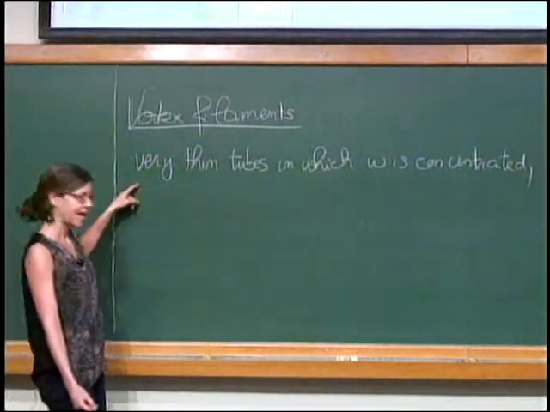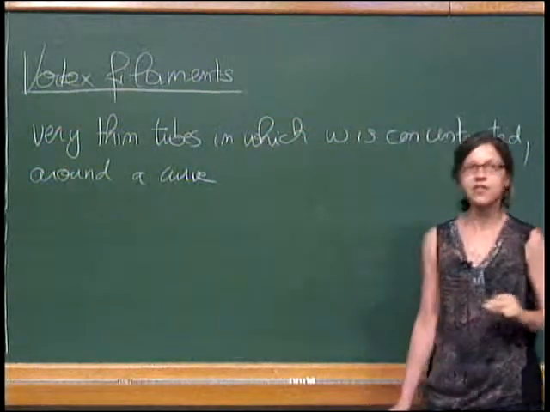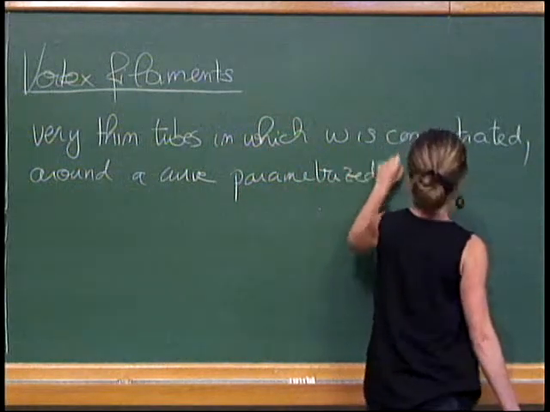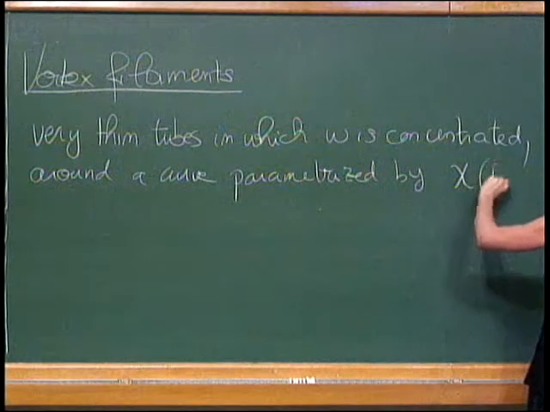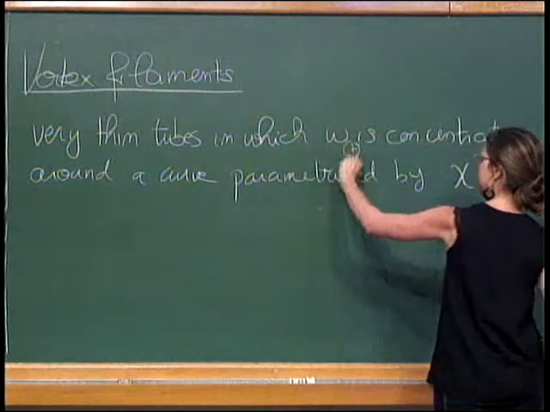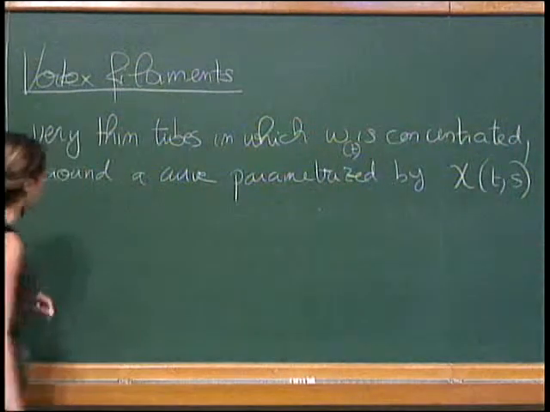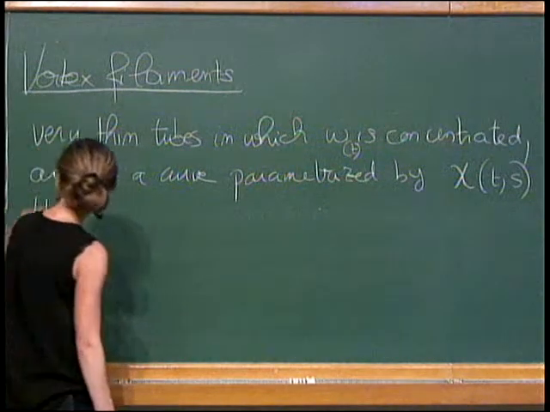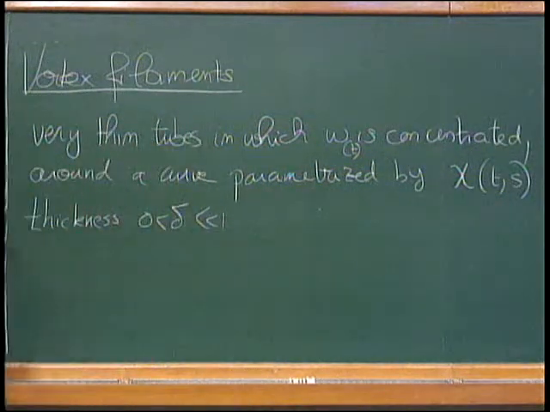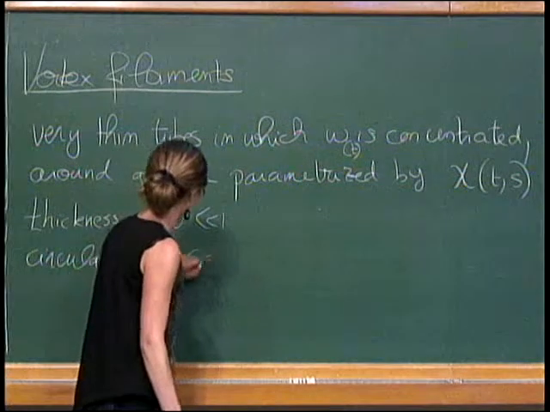These are tubes around a center line, a curve in R3, parametrized by a function chi of t and s, where t is the time and s is the parameter of the curve. The tube has a thickness delta, which is very small, and a circulation gamma, a real number.